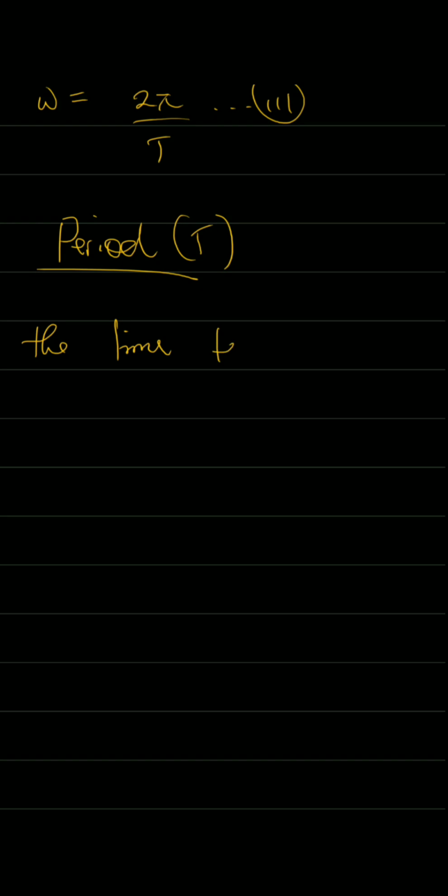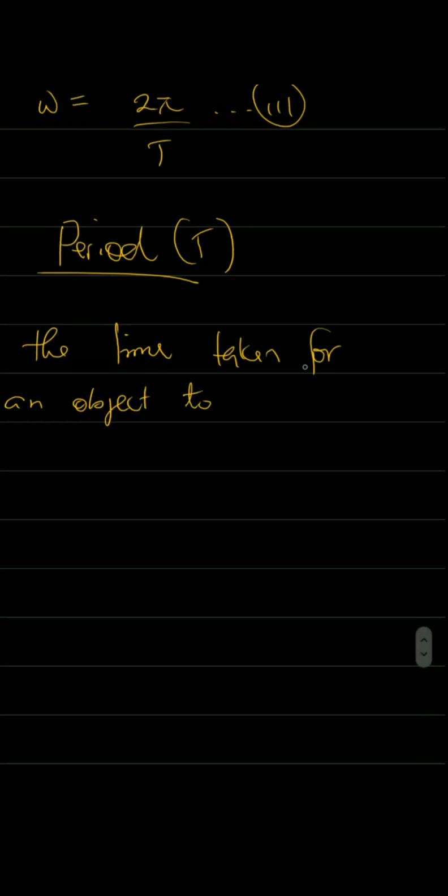So that's what we refer to as the period, the time taken for an object to complete one full circle. Now since it is time, the units that we can use to measure this are seconds. Okay, like that. So simply the time taken for an object to complete one full circle or oscillation.